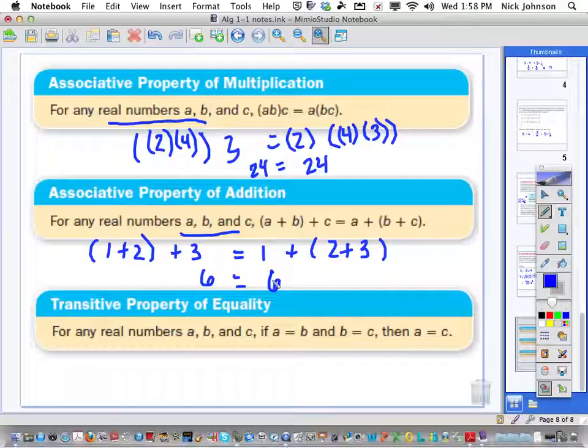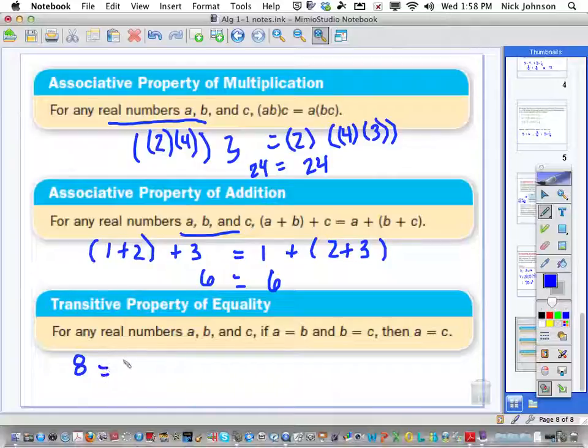Transitive property. This is where a lot of people get messed up, but I'm going to show you an easy example. For any real numbers, A, B, and C, if A equals B, and B equals C, then A has to equal C. So for instance, we're going to say A is 8.